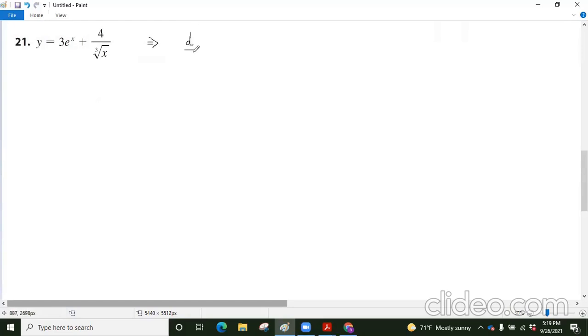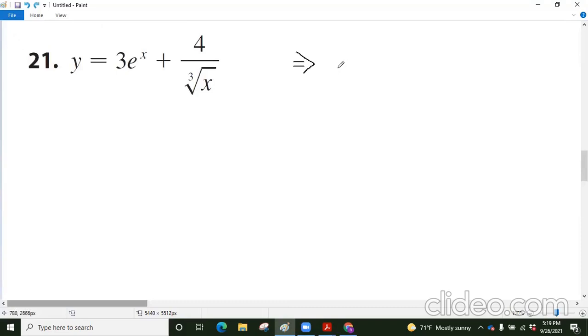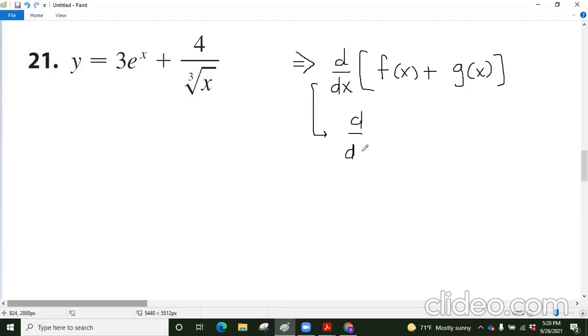Actually, let me go ahead and zoom in here a little bit. The derivative of f of x plus g of x is actually equal to the derivative of the individual functions, f of x plus the derivative of g of x.